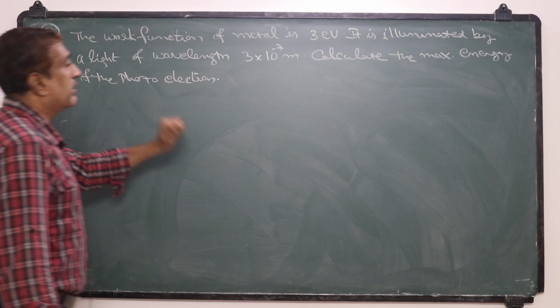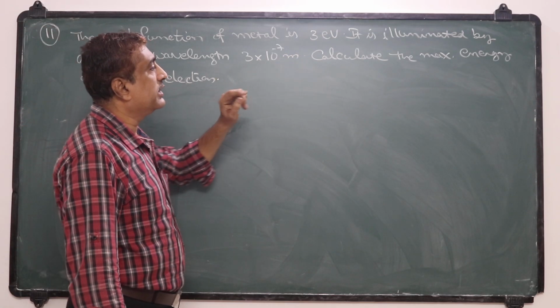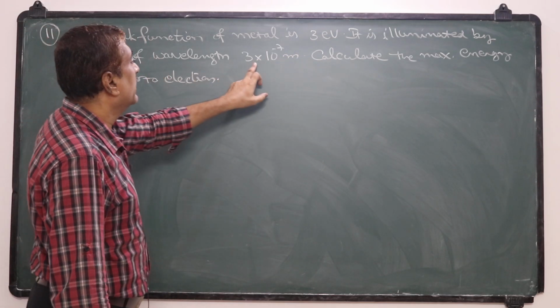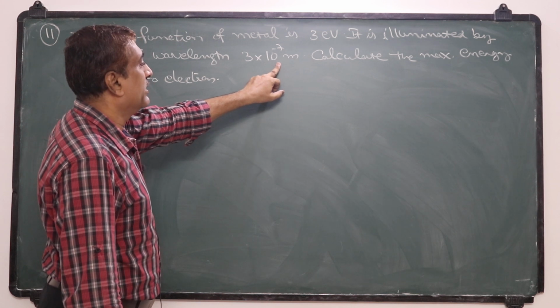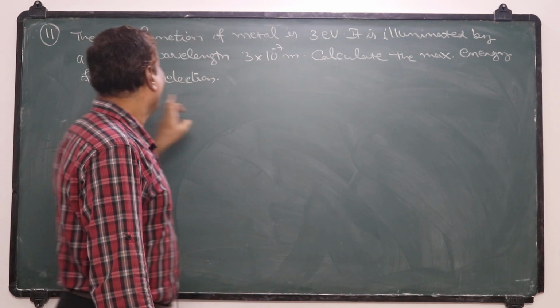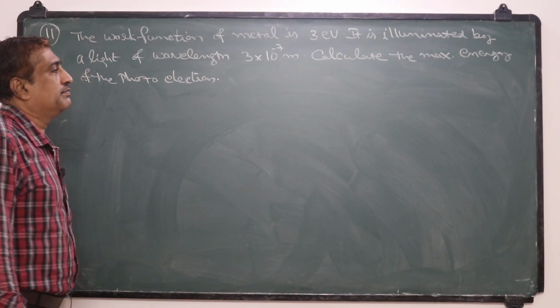Okay. The work function of a metal is 3 electron volt. It is illuminated by a light of wavelength 3 into 10 power minus 7 meter. Calculate the energy of the photoelectron.